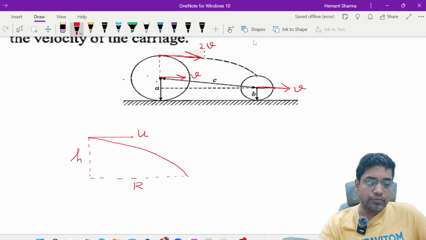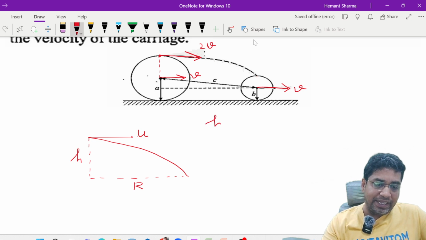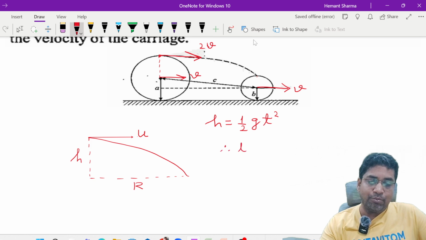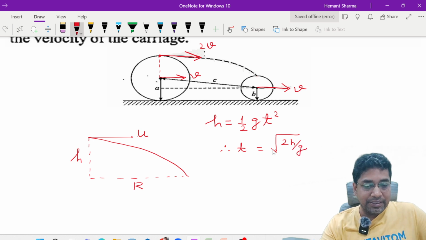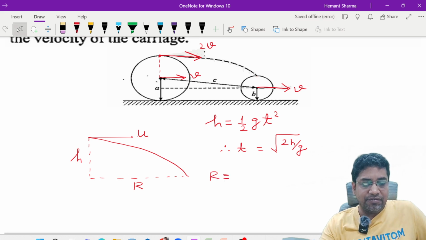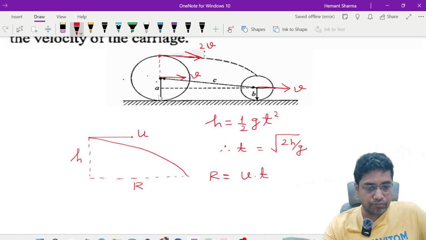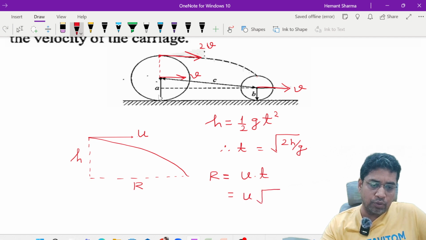So, in y direction, h is equal to half g t square. So, total time of flight will become under root 2h by g. Therefore, this horizontal distance, this range, will become u into t, that is u into under root 2h upon g.